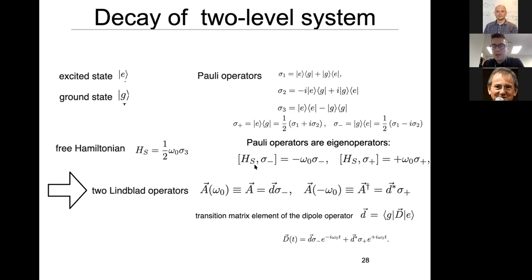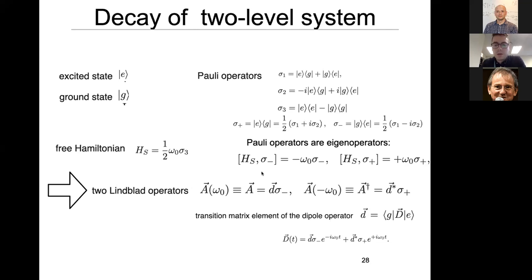We can therefore tell that for this example, the lowering and raising operators will define the Lindblad operators.